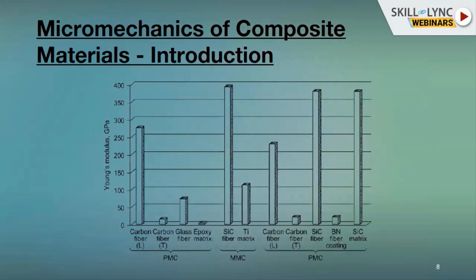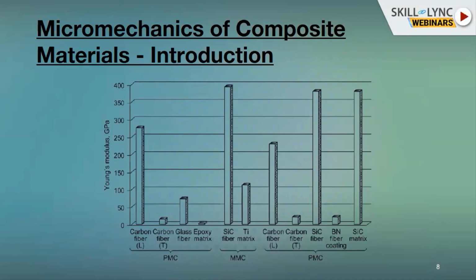Coming to the specific properties of the components of composite materials, for example, carbon fiber has a Young's modulus of more than 250 GPa in the longitudinal direction, whereas in the transverse direction it is more than 30 GPa. Glass fibers have around 60 to 70 GPa, that is high strength glass fibers, whereas epoxy matrix has a modulus of around 3 to 4 GPa.